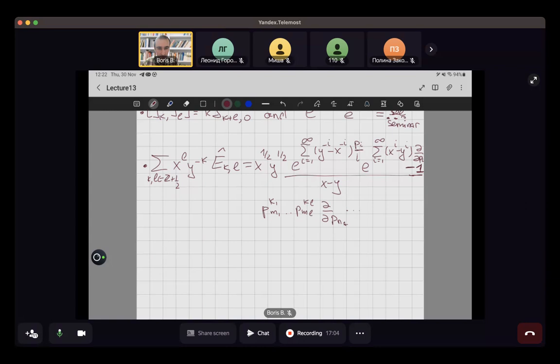Okay, let me maybe write it down. So again, the meaning is as follows. So first, take the coefficient in front of the monomial like this.